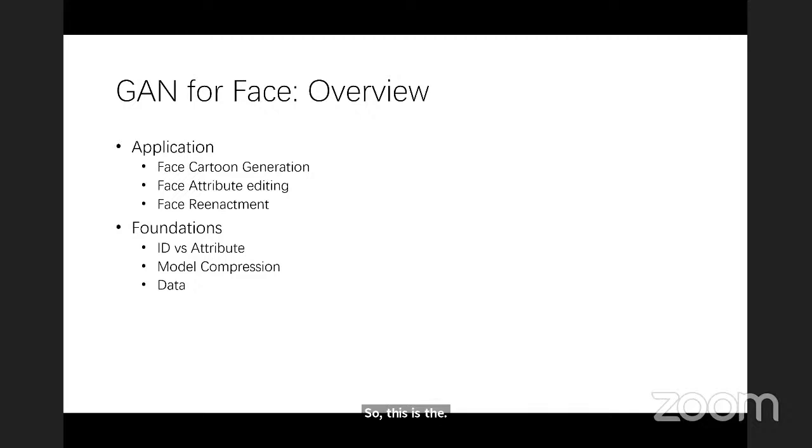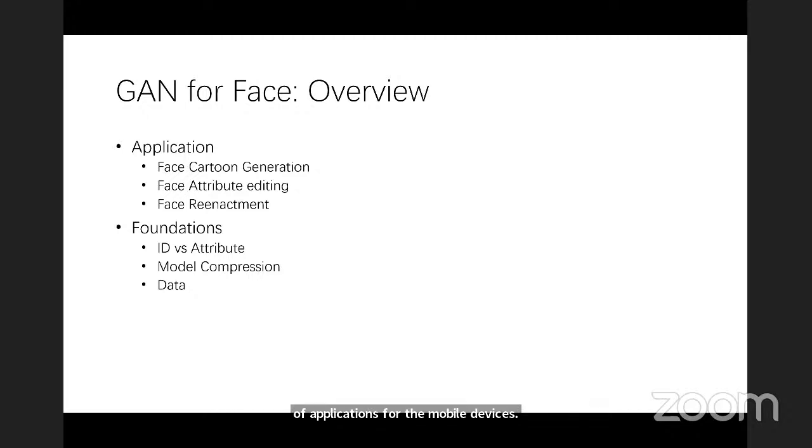As I just showed you, we can use the GAN algorithm to generate very high quality faces, and also we can build some kinds of applications. Here I will address 3 applications, and after that I will give some foundations for if you want to use these GAN applications on mobile devices.